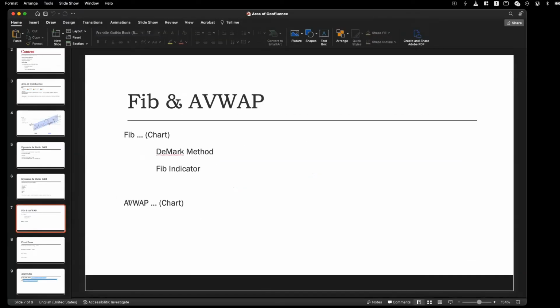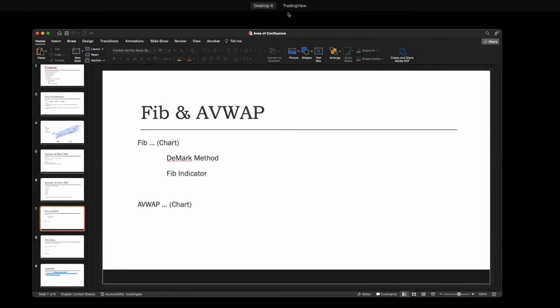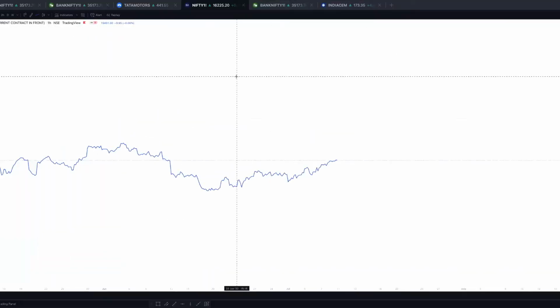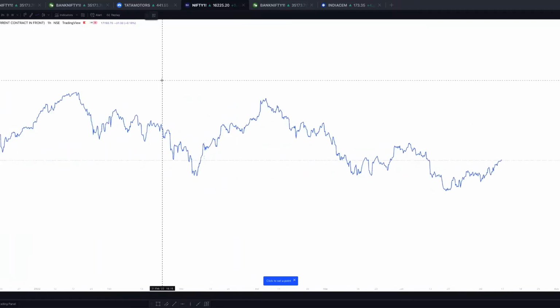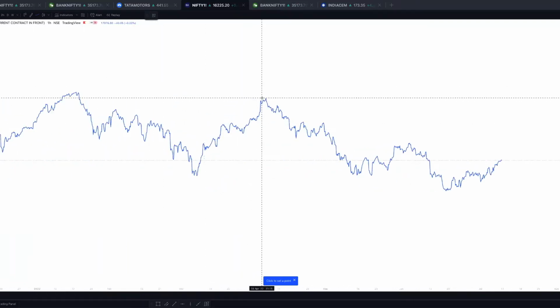Next is AVWAP. VWAP is an indicator which is commonly used for intraday, and AVWAP is like a drawing tool. It's available in the second one on your left side, the last one, anchored VWAP. Anchored VWAP is similar to VWAP, but it works at a higher time frame, daily, weekly.